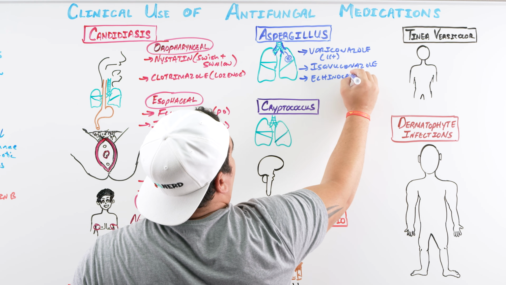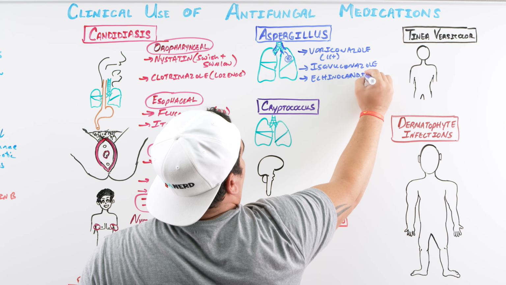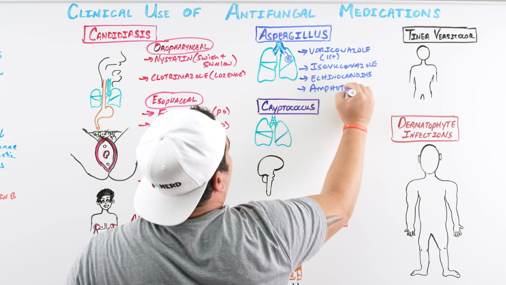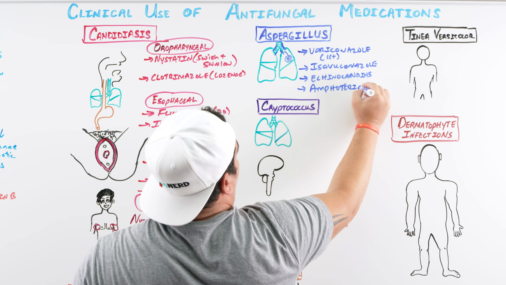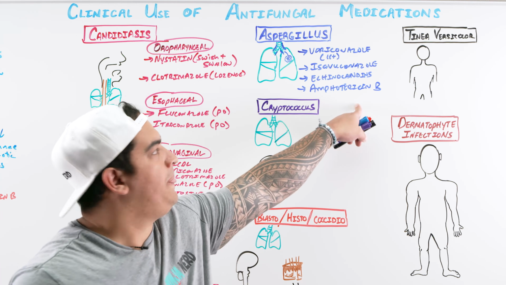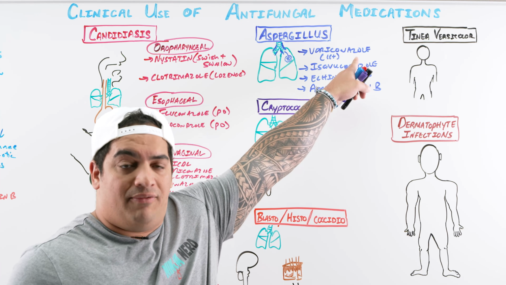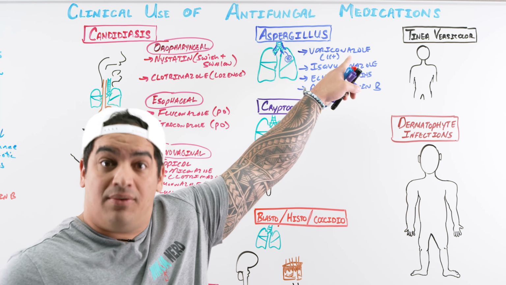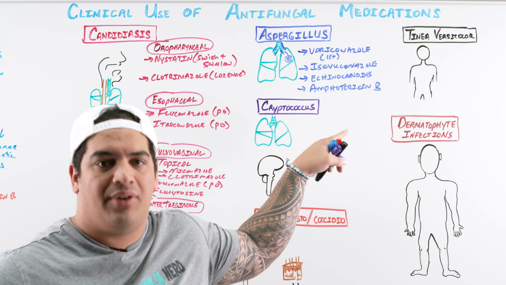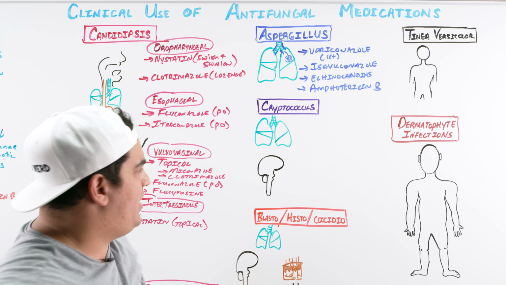Echinocandins are also very good at covering invasive aspergillosis. The last one would be amphotericin, if you really need to because they're refractory to all the above things, but that would be pretty much your last line. So remember voriconazole first line, isavuconazole also has some pretty good coverage, and then echinocandins. Last one for severe refractory cases, you can consider amphotericin B.